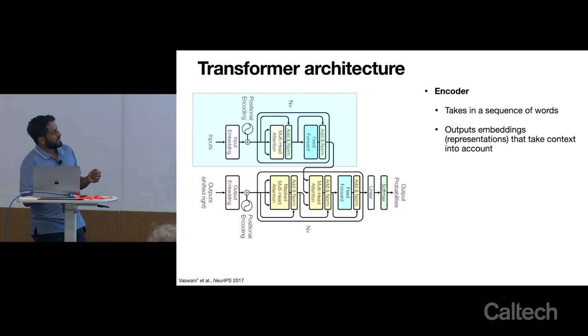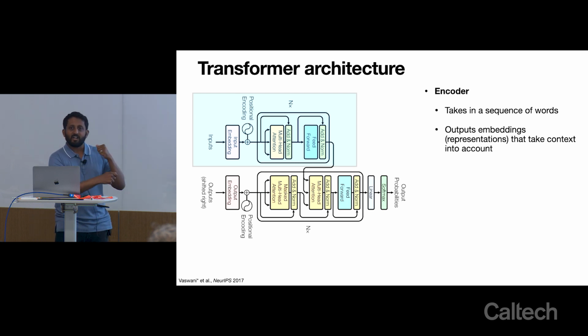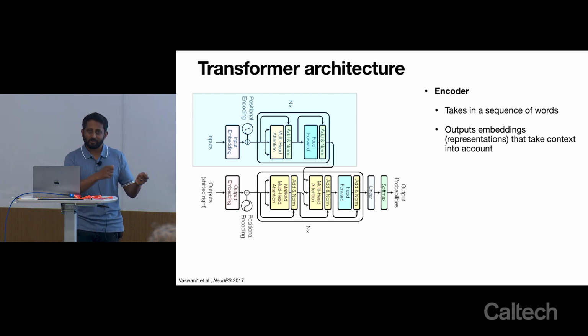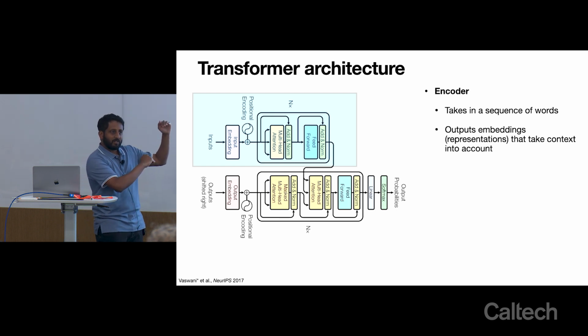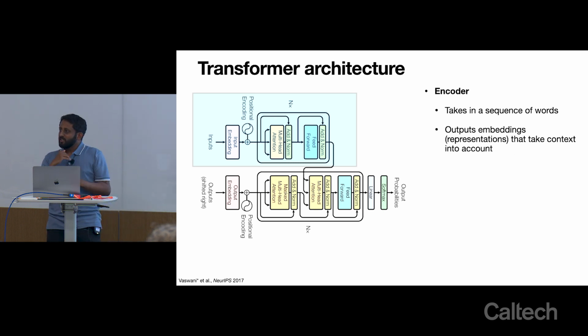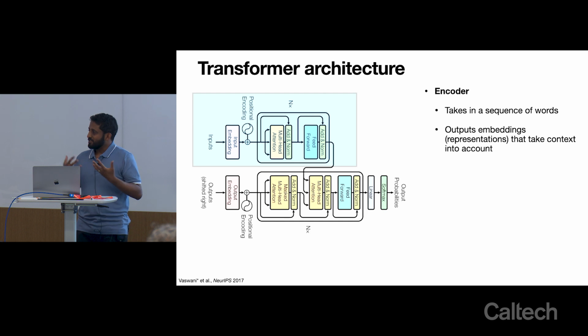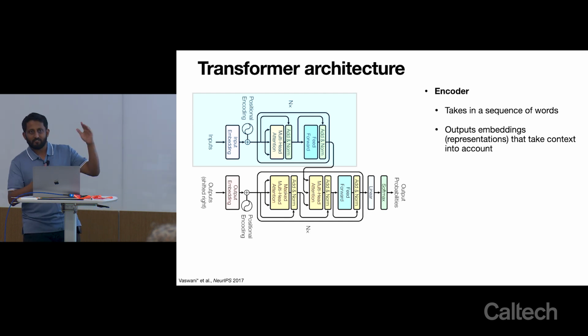And the idea is to not just represent the word anymore, but to take context into account. Remember we were talking about the structure of language and how the meaning of a word changes depending on the context around it. So the idea is, you have a sequence of some length, it's just the words. And then the output of this encoder is going to be the same length, but each of those words is going to be augmented by the context of the entire sequence. Okay.